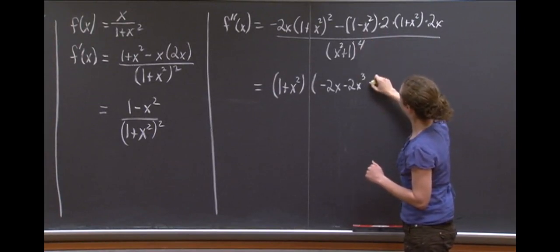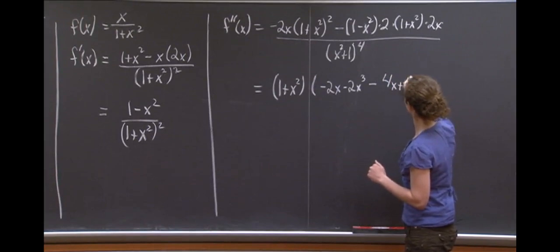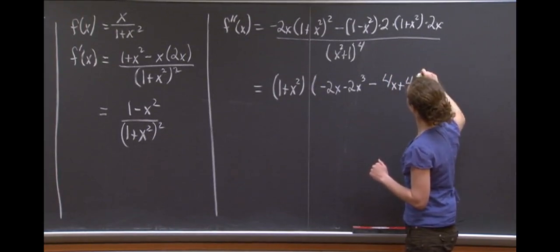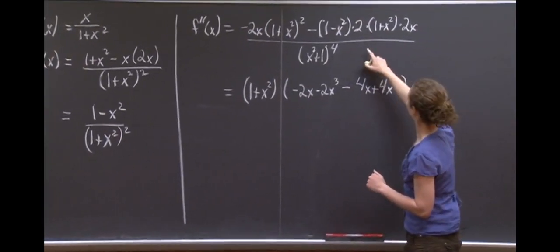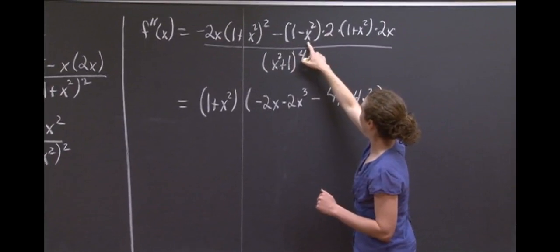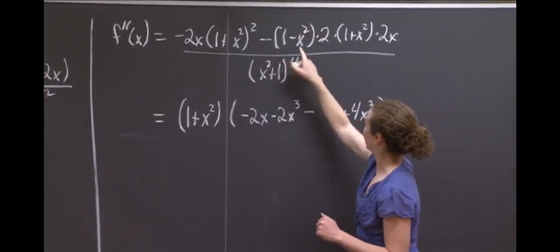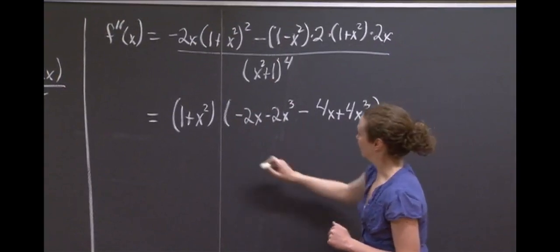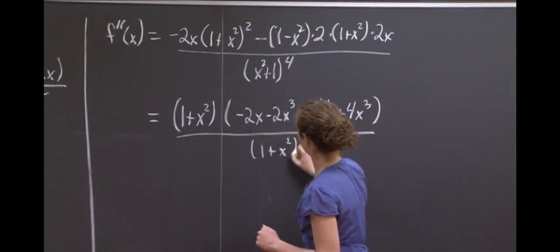So I have a minus 4x plus 4x cubed. Sorry, let's make sure. I should have a 4x here, and then an x squared times 4x, which is 4x cubed, and that sign should be positive. And then I still have to divide by (1 plus x squared) to the 4th.